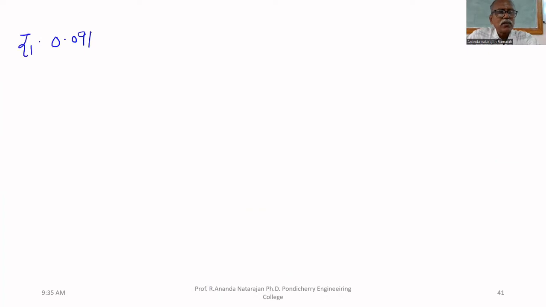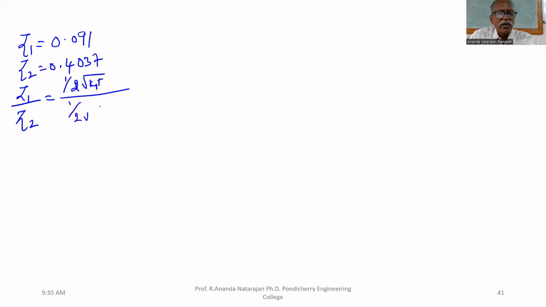Zeta 1 upon zeta 2 equal to 1 upon 2 square root of k1 t, divided by 1 upon 2 square root of k2 t. The 2 gets cancelled.